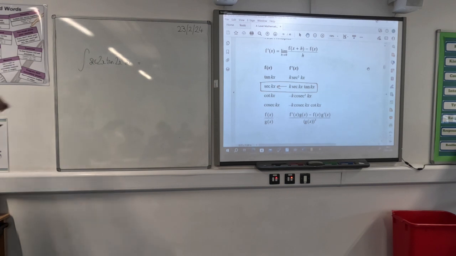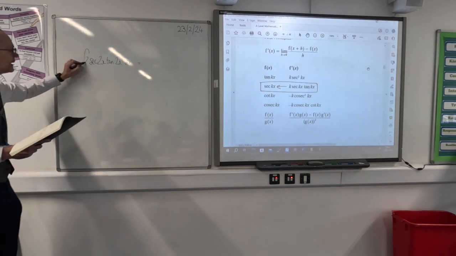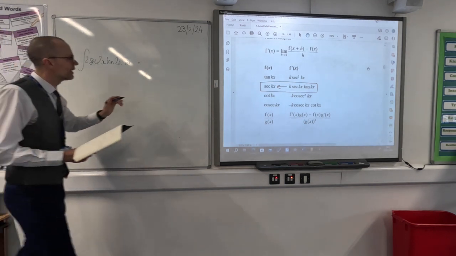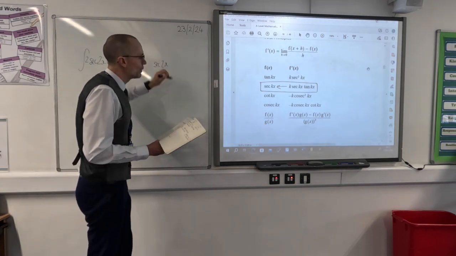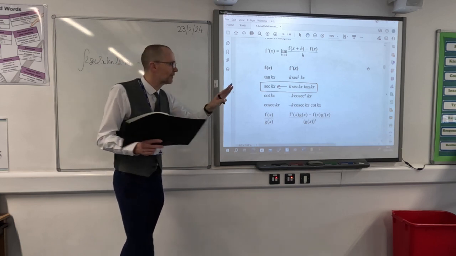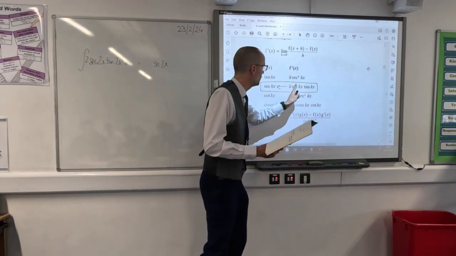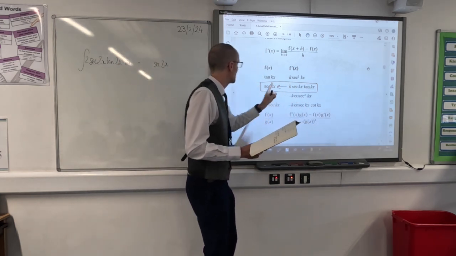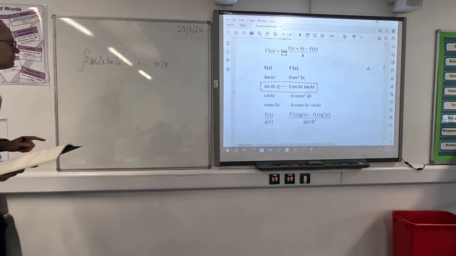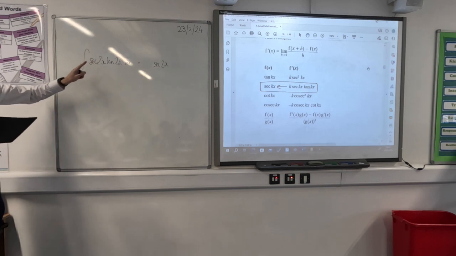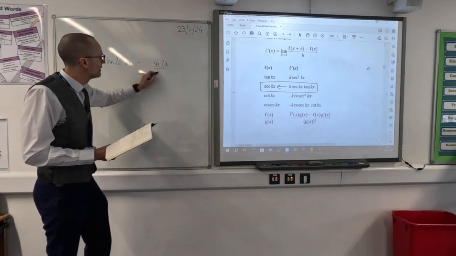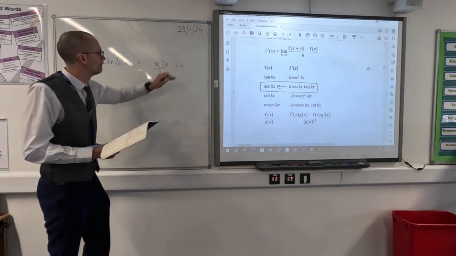Well, if there was a 2 out the front here, then we know the answer would just be sec 2x. We haven't got to understand where this comes from. This is provided for us. So if I've got a 2 there, that's what the answer would be. Without a 2 there, this is half of that, so this is just divided by 2. Okay?